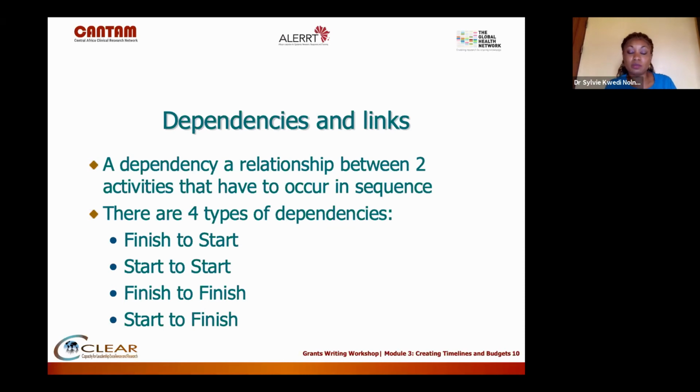So the contract signing process will be task A, and then the funding will be task B. So even though you didn't finish the contract signing, you can still receive at least part of the funding, a percentage. Maybe it's 50% so that you can get going.